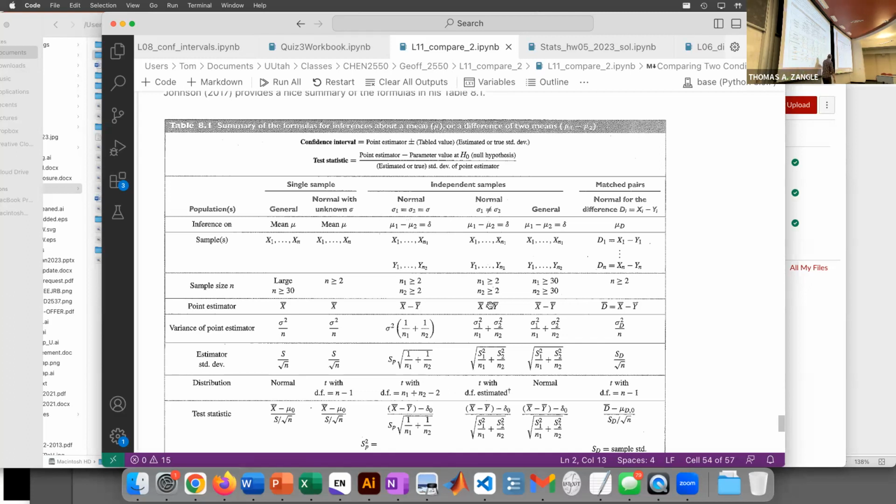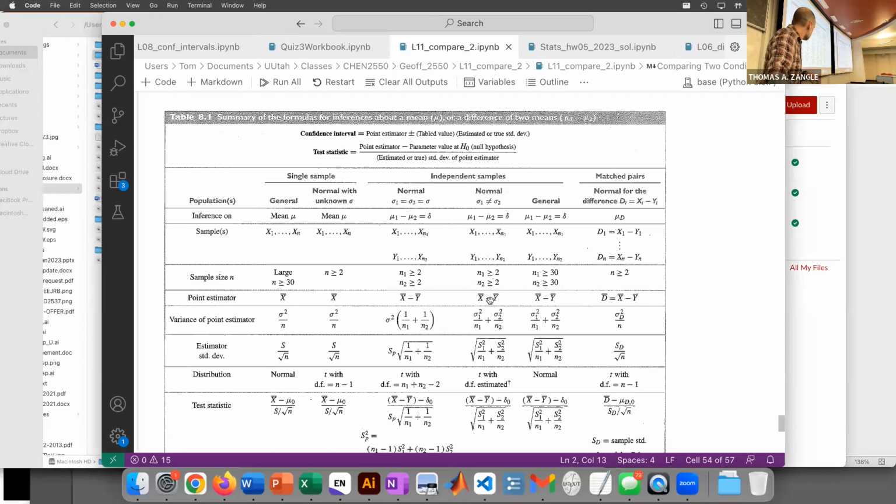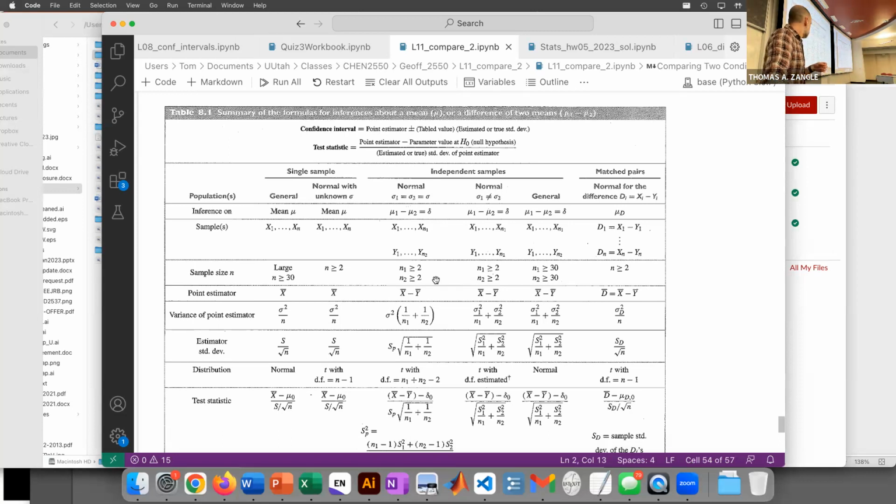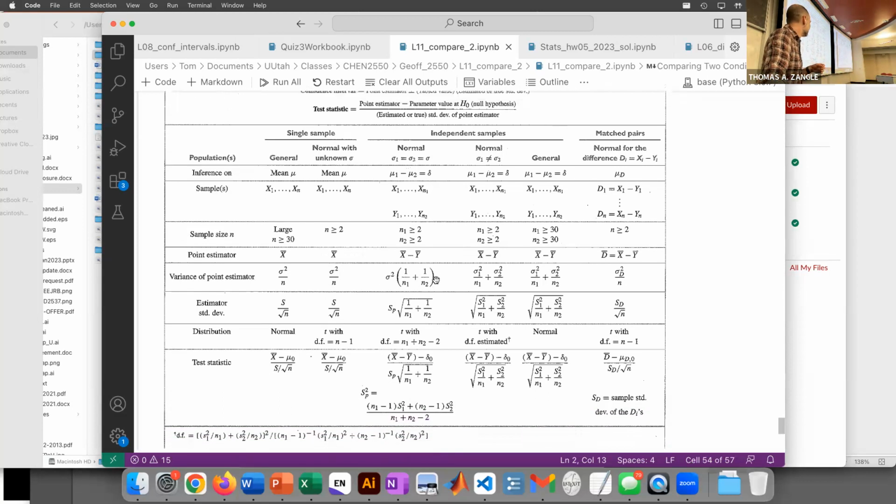It also gives the expressions that we use when we have paired samples, and when we have variances that are unequal or equal. Anyway, it's all given here. So I refer you to that as well, but these are the expressions that we've already discussed in lecture, and so we won't go through each item in the table right now.